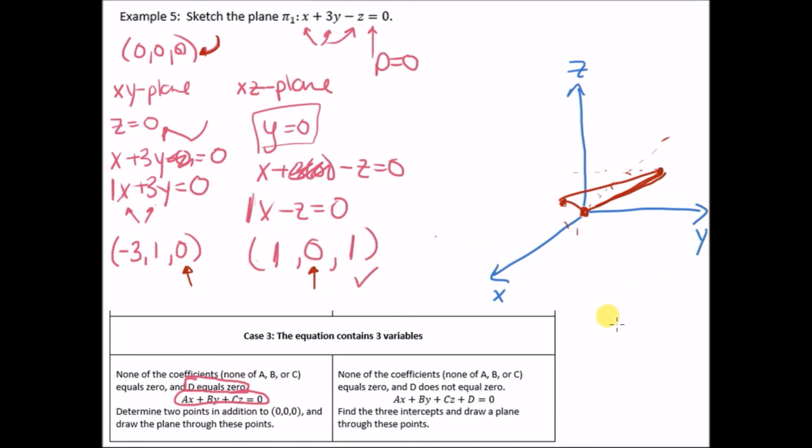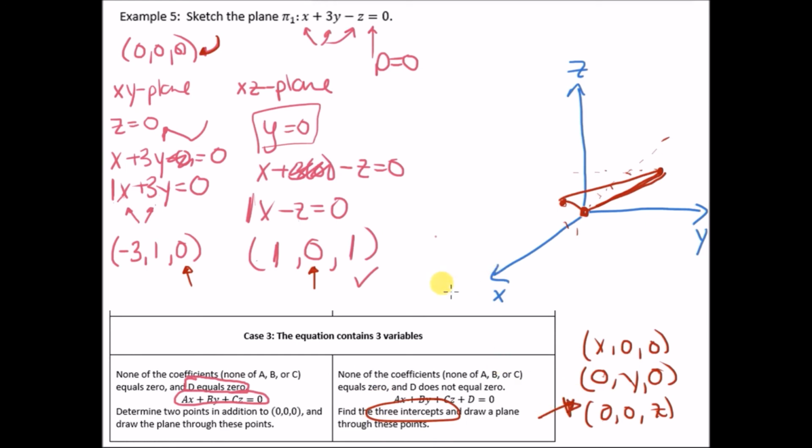However, if it doesn't go through the origin, we can just find the x, y, and z intercepts by subbing in 0 for y and z, or 0 for x and z, or 0 and 0 and then finding z. That would be the three intercepts. So that's the only difference between if we have a d or if d equals 0.